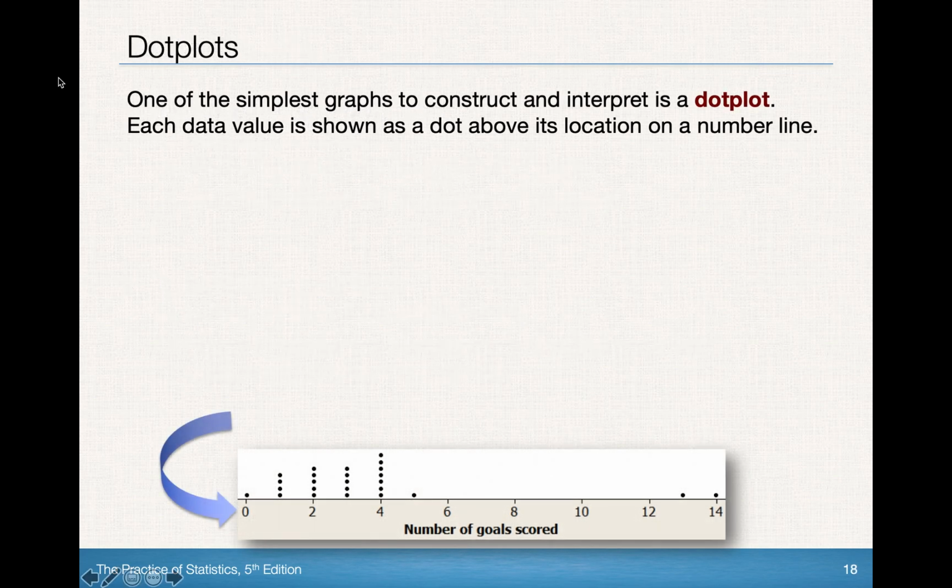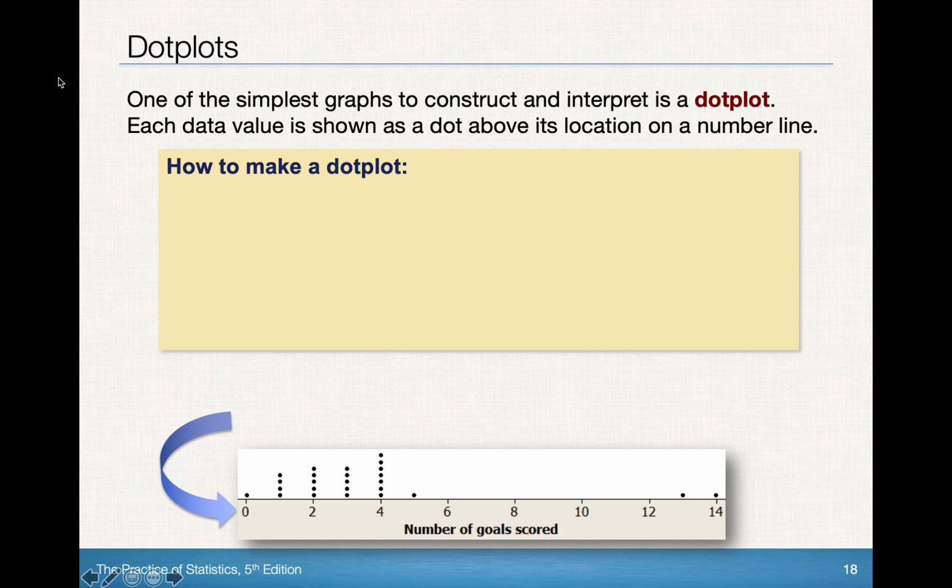There are a couple of ways to organize quantitative variables. The easiest way to organize a quantitative variable is called a dot plot. Each data value is shown as a dot above its location on a line. For example, below is the number of goals scored.